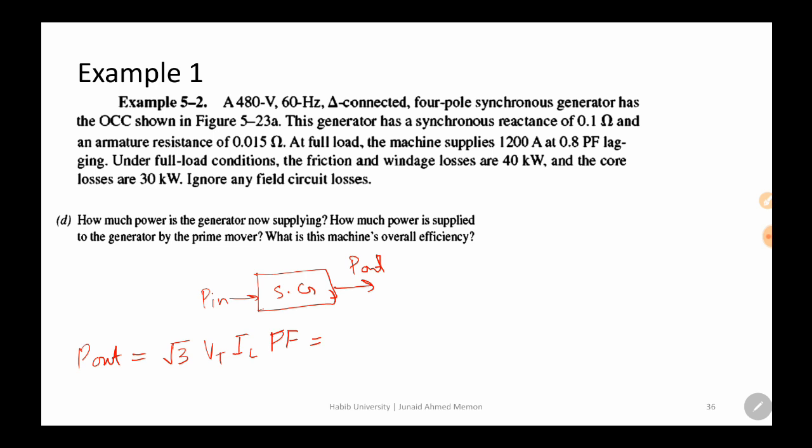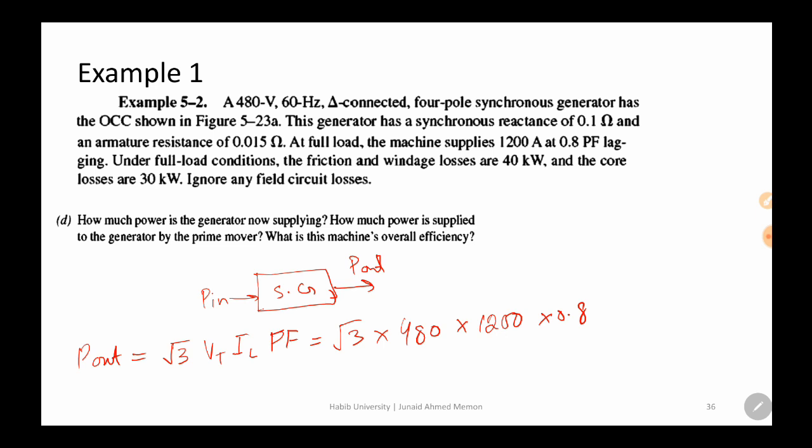In the case of the load condition, this is referring to part C. In part C we have a terminal voltage of 480 volts. 532 was the internal generated voltage, so the terminal voltage is 480 volts, and load current was 1200 amperes, and power factor is 0.8.